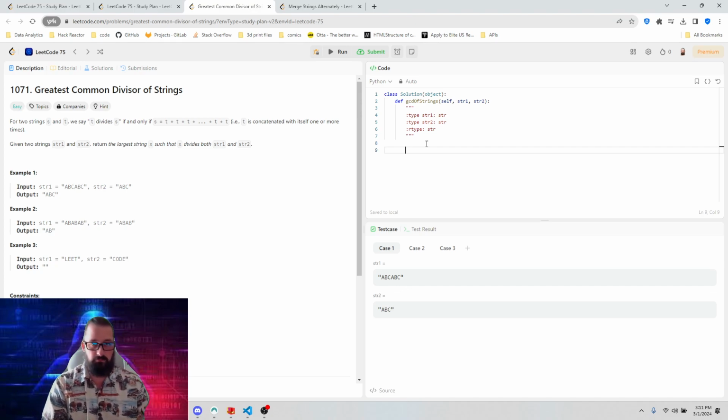Okay, so we're going to create a divisor that equals the smaller of the two strings.